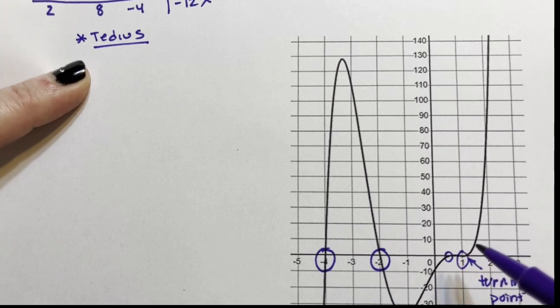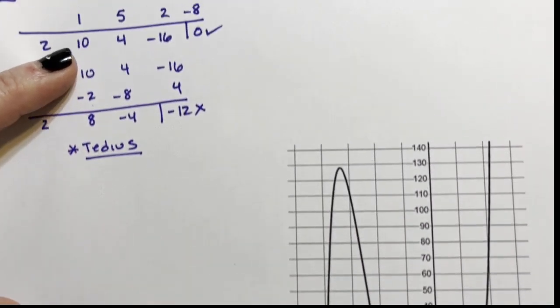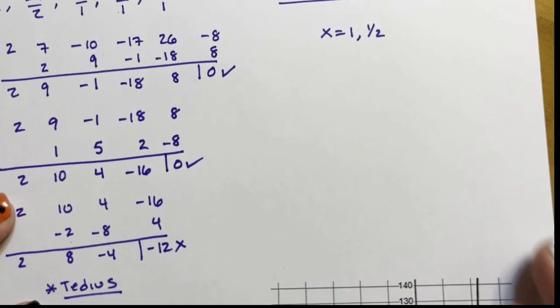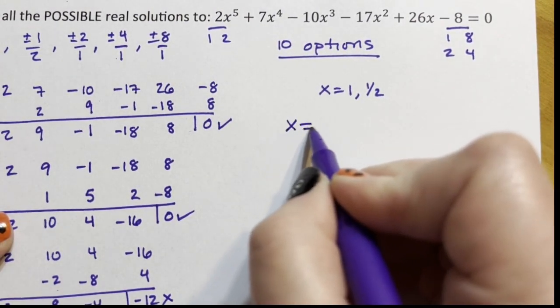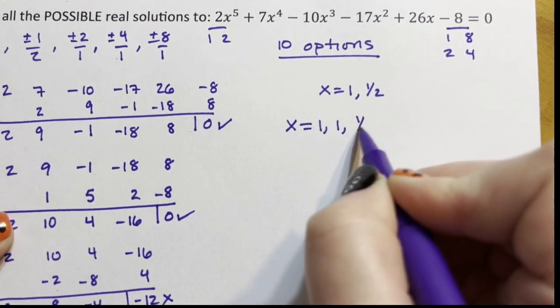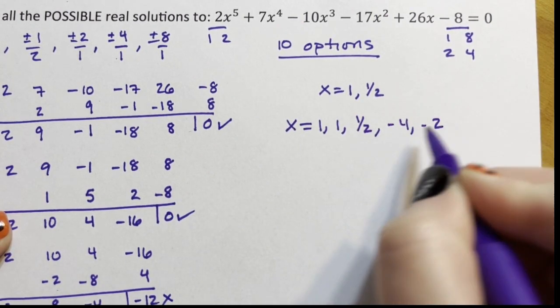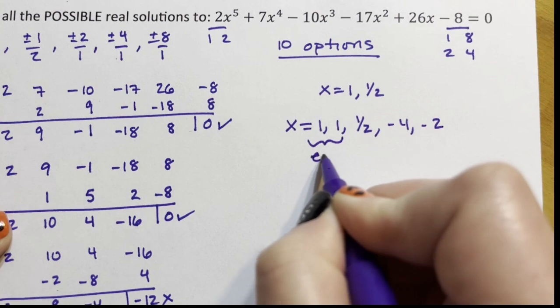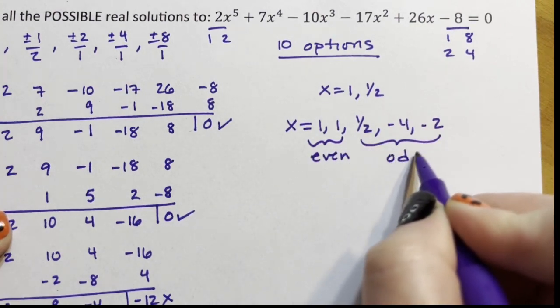We could test each of these. But at the end, x equals 1 happened twice. And the other ones we found out were negative 4 and negative 2. This is an even 0 because it happened twice. These are all odd because it happened once.